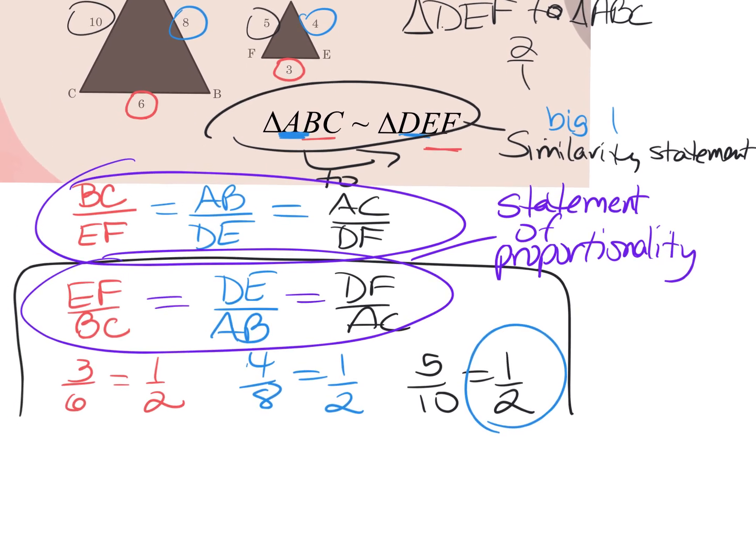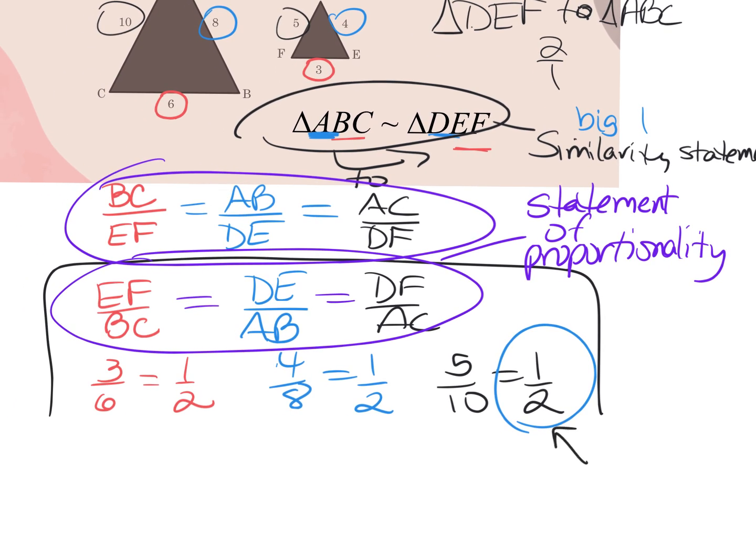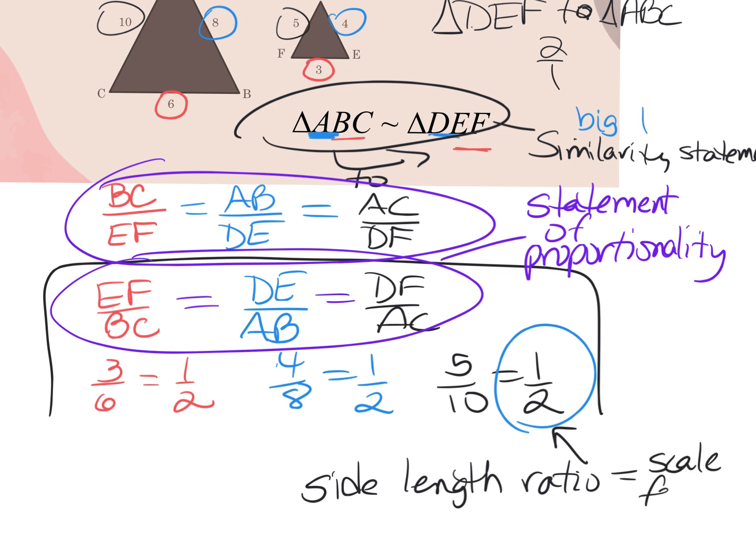And then this 1/2 is going to be considered the side length ratio, which is also known as the scale factor. So when we went from the bigger to the smaller, the scale factor was 1/2.